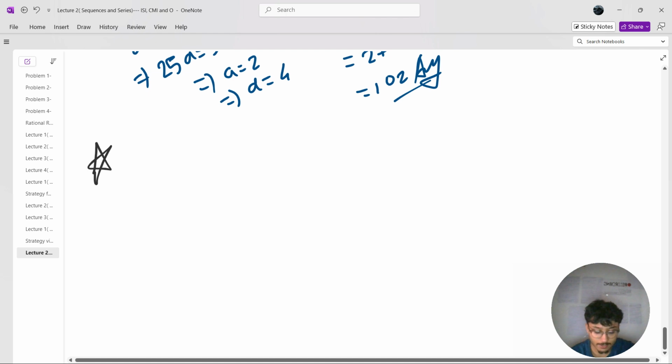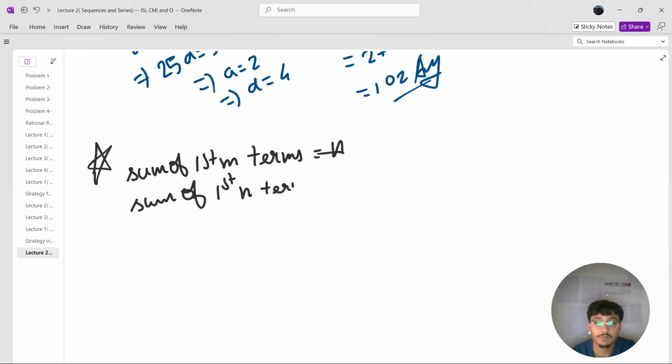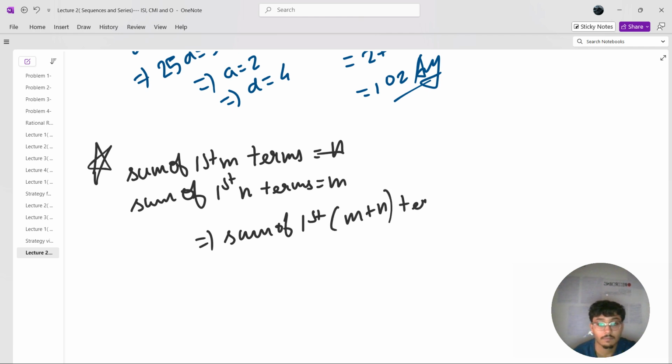This is basically: if the sum of the first m terms is n, and the sum of the first n terms is m, then the sum of the first m plus n terms is basically minus of (m plus n). Just remember it as a result.